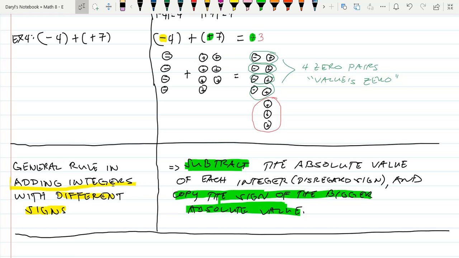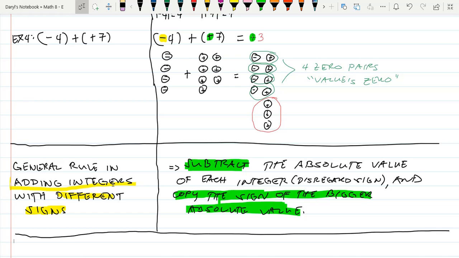So generally, it would be a combination. You can use these two rules. Again, you're just adding integers with different signs and adding integers with the same sign.